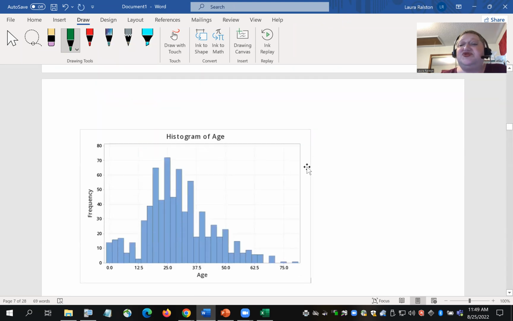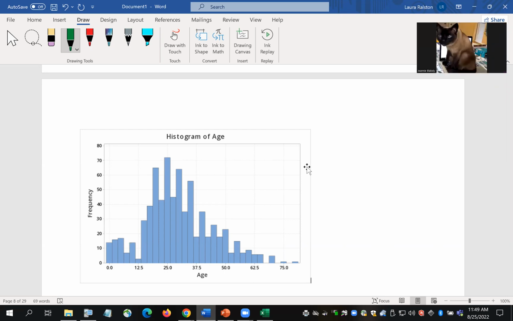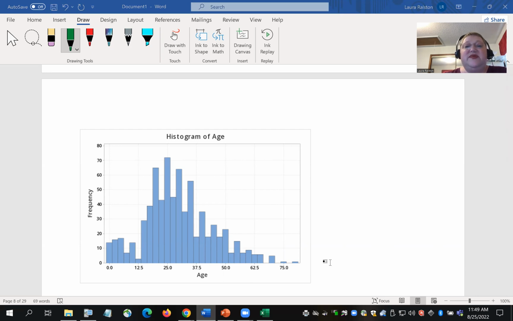We talked about the distribution. Do you remember what we said? Do we think it was symmetric, skewed left, skewed right? If not, look at it again. What do you think? With this histogram, would our data set be skewed left, skewed right, or symmetric? Somebody put it in the chat.